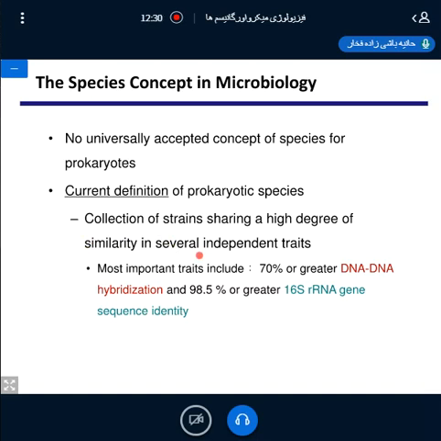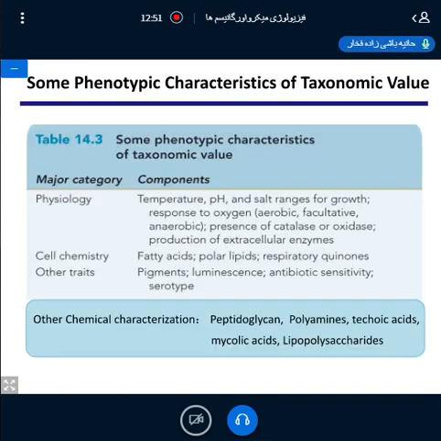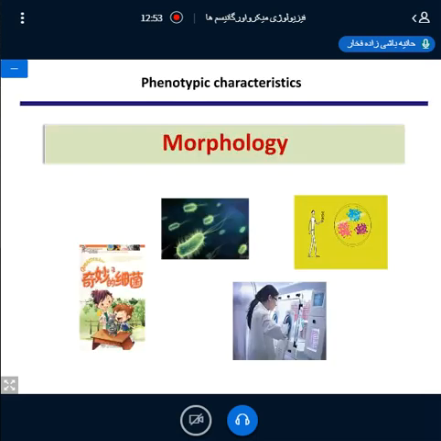Most important traits include 70% or greater DNA hybridization and 98.5% or greater 16S rRNA gene sequence identity. It is not important, okay? Don't study this slide.